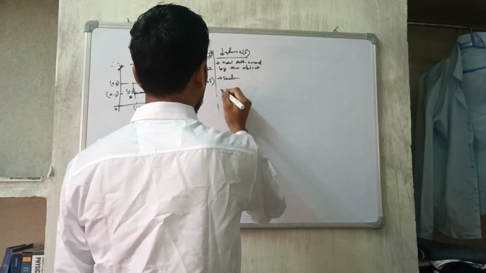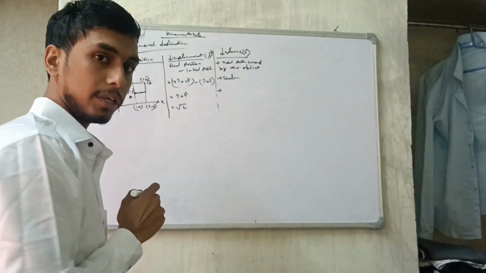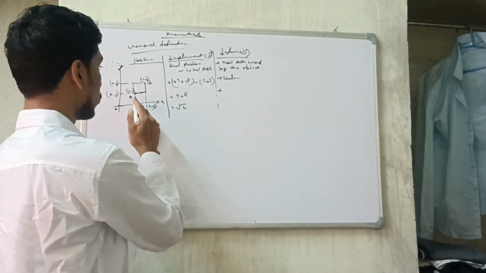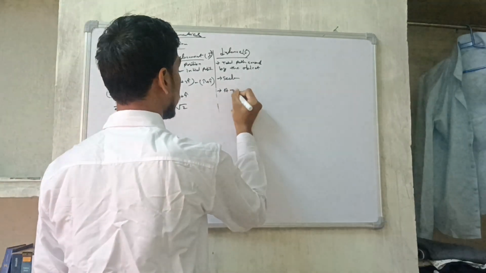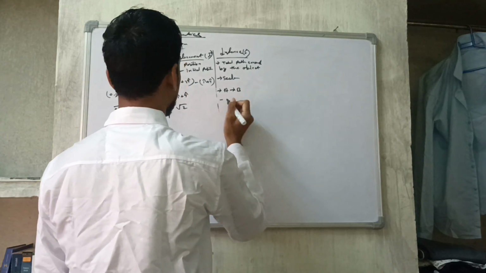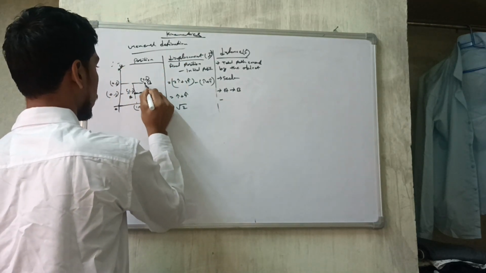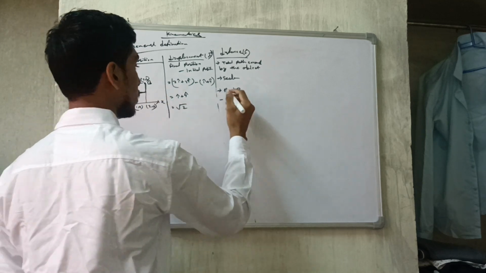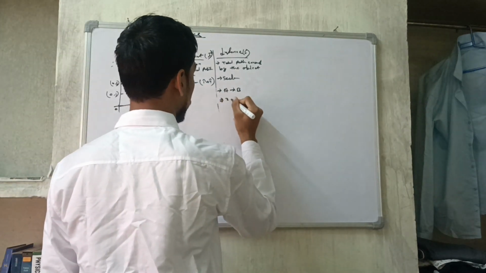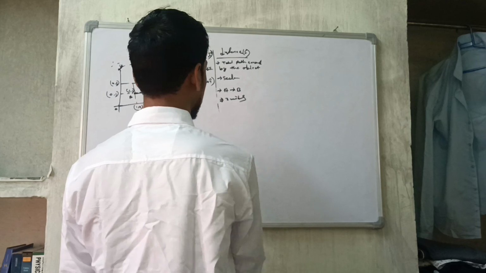What will be the distance from point A to point B? It will be 1 unit from point A to here and 1 unit from here to here, so a total of 2 units.